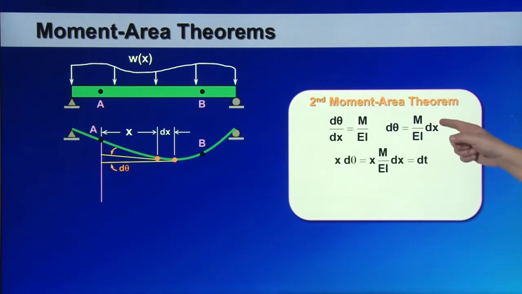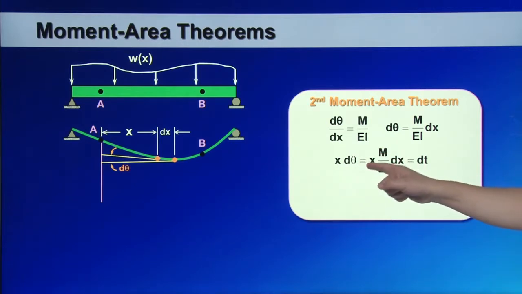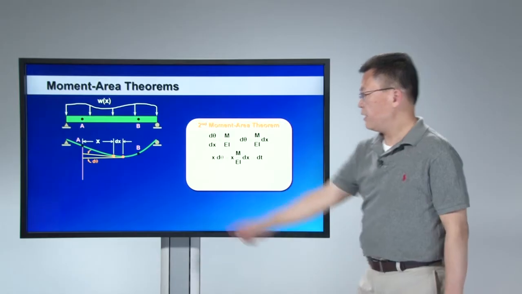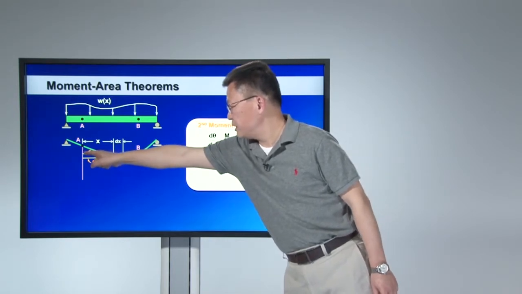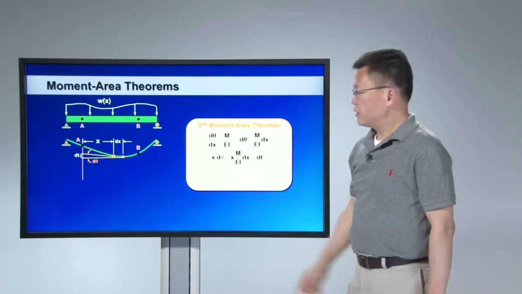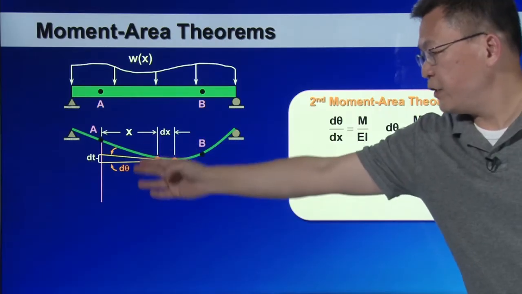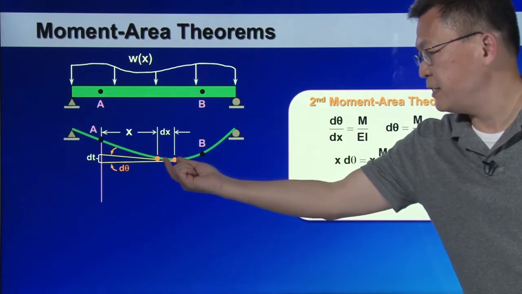So if we take this equation and multiply both sides by x, it will be x d theta equal to x M over EI dx. Now on the plot, x times d theta is equal to this distance called dt. So this dt is like a vertical distance projected by the two sides of this dx.